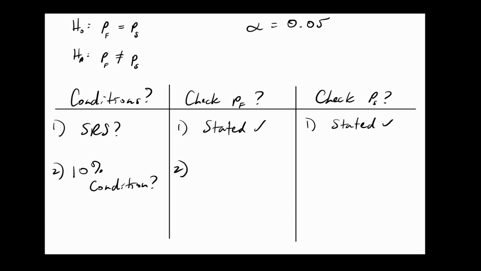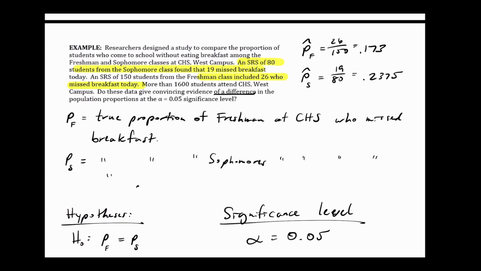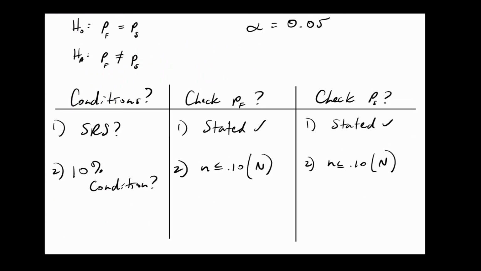Number 2: n is less than or equal to 10% of big N. For freshmen, there was a sample of 150. I don't have the numbers of freshmen that year, whenever this data was taken.